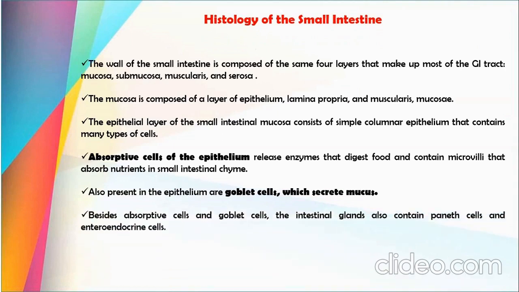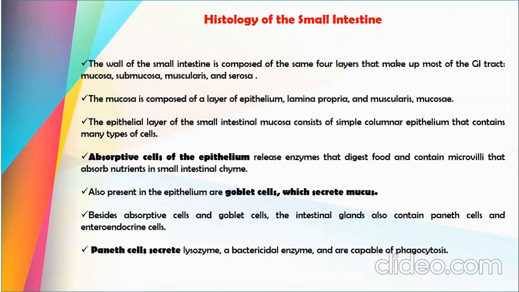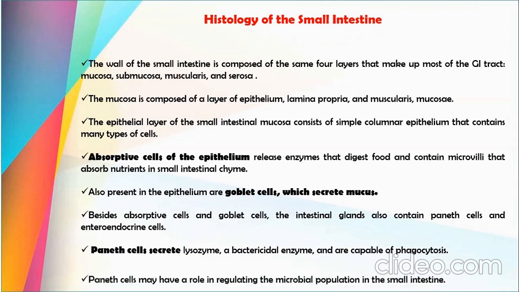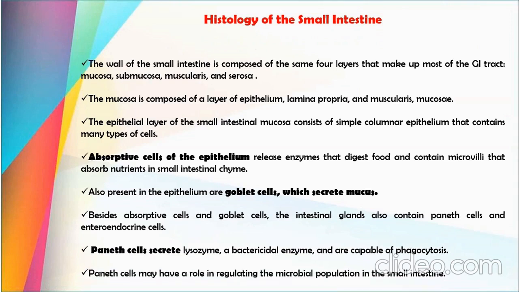Besides absorptive cells and goblet cells, the intestinal glands also contain Paneth cells and enteroendocrine cells. The Paneth cells secrete lysozyme, a bactericidal enzyme, and are capable of phagocytosis. It means the killing of the microbes. The Paneth cells may have a role in regulating the microbial population in the small intestine.